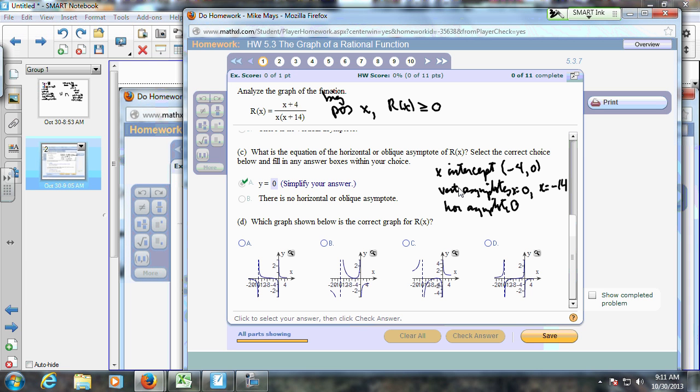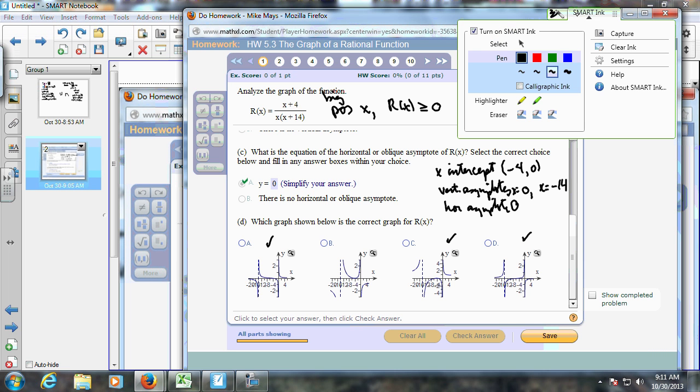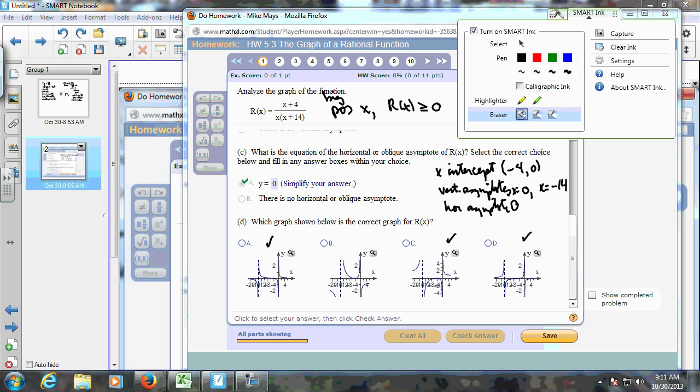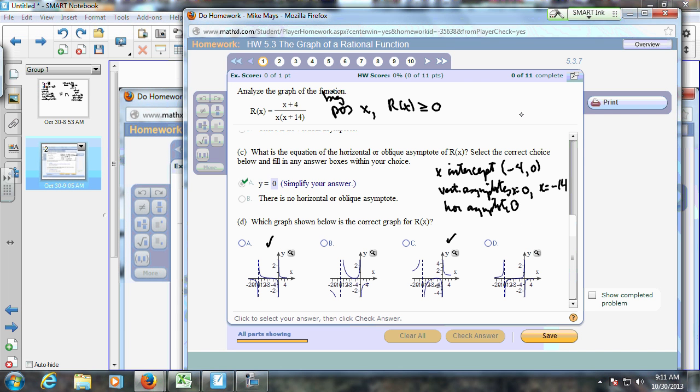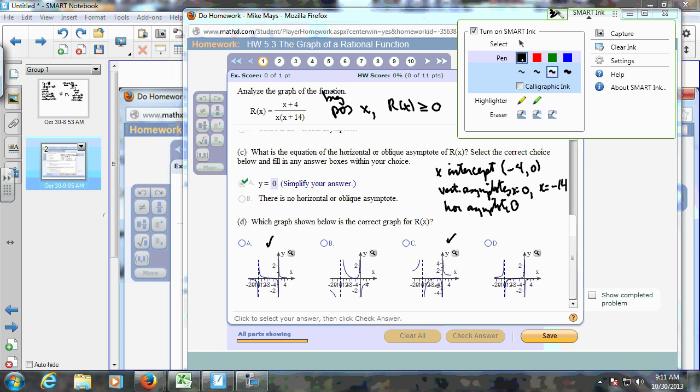So that makes me think the long-term answer ought to be this one, or this one. Those are where the positive values would be.